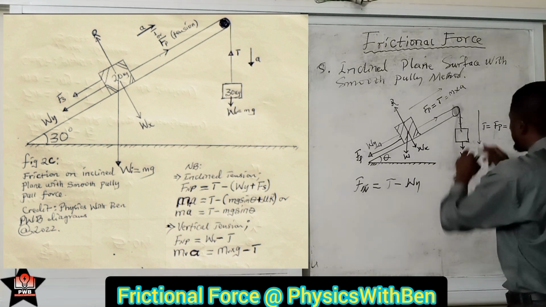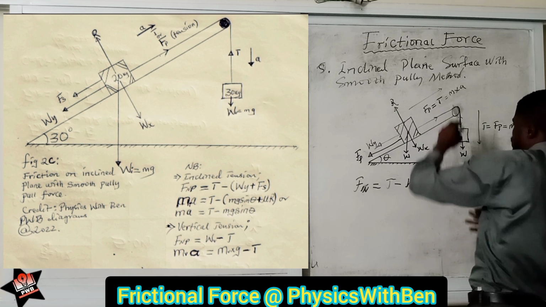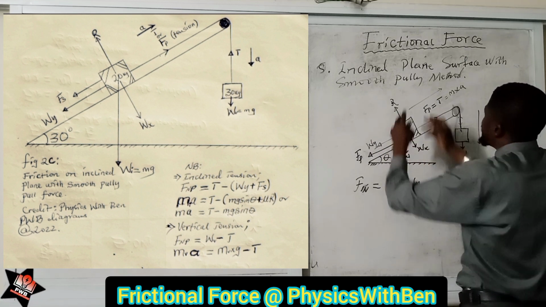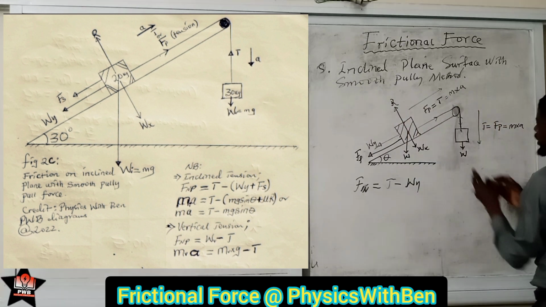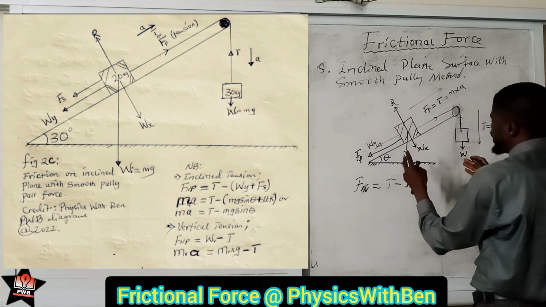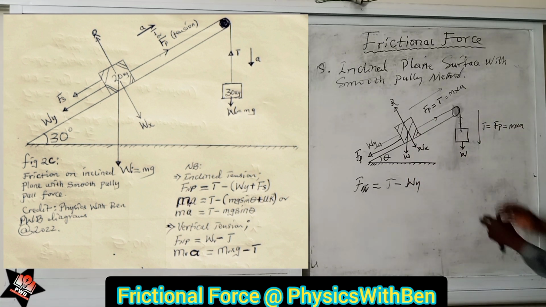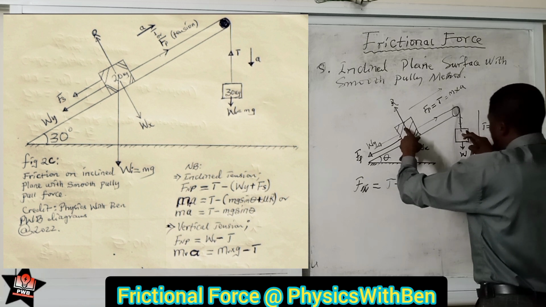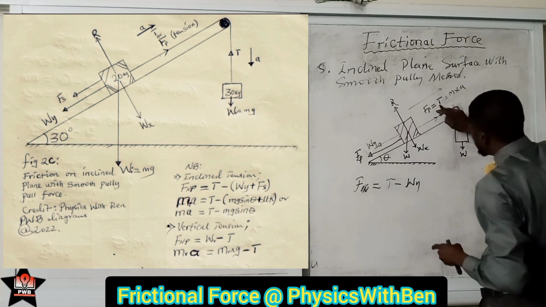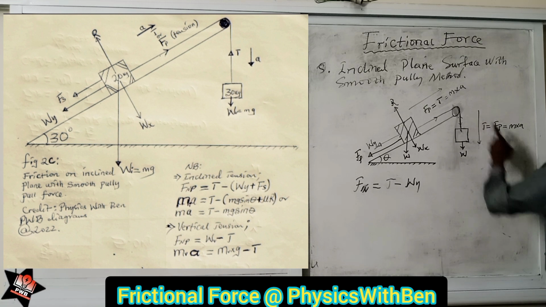And again, this guy and this guy will move simultaneously, just as what you have on horizontal plane surface with smooth pulley. It's the same thing you have here. Here too, you also solve it using simultaneous equations. This object and this object will move simultaneously. And the tension here is also the same thing as the tension here. Is that understood?